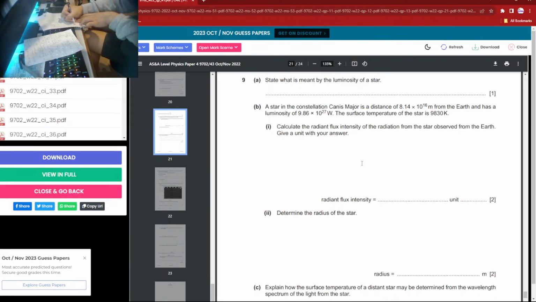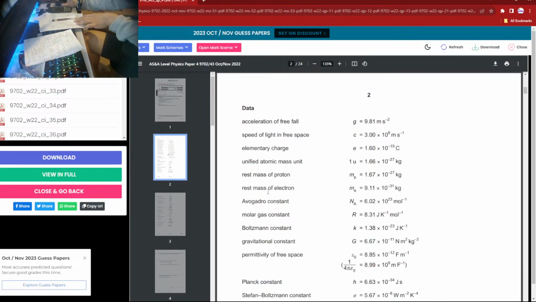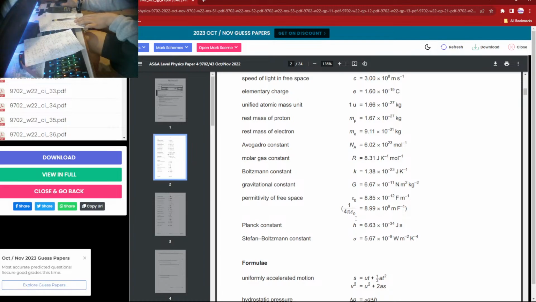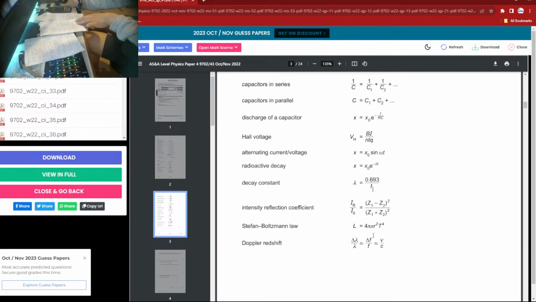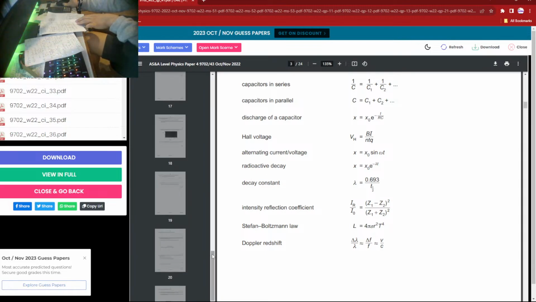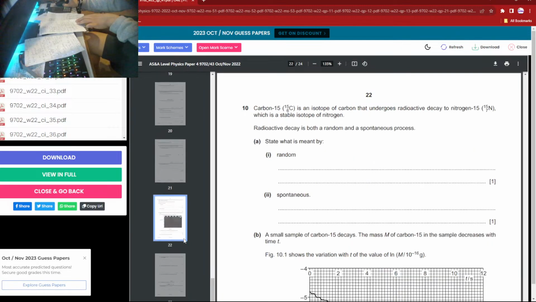So it's 9.86 times 10 to the power of 27 is equal to 4 pi Stefan-Boltzmann constant, 5.67 times 10 to the power of negative 8, r squared, and T^4, which is the surface temperature of the star.